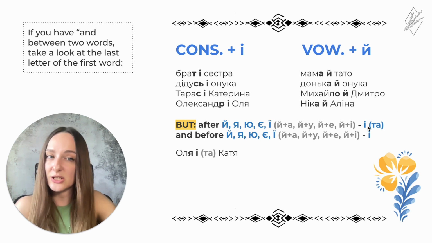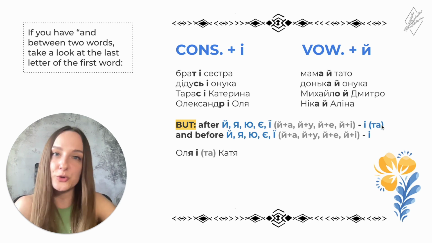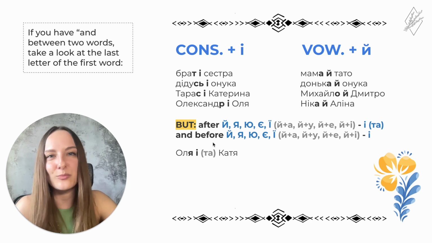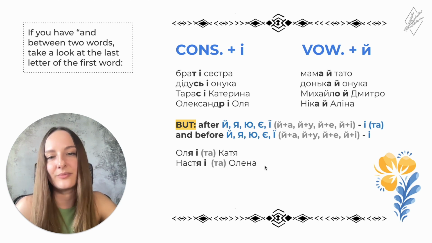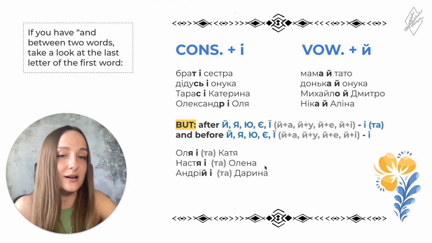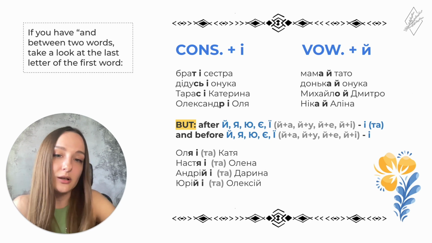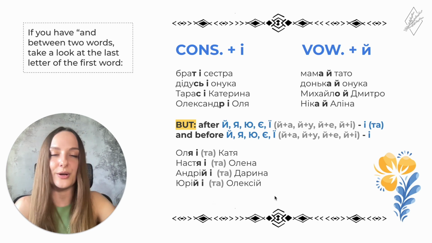And as you can see, if the word ends with one of these letters, we may also use conjunction та here. It's optional, but I am offering you to focus just on и. Оля і Катя, Настя і Олена, Андрій і Дарина, Юрій і Олексій. Та is optional everywhere.